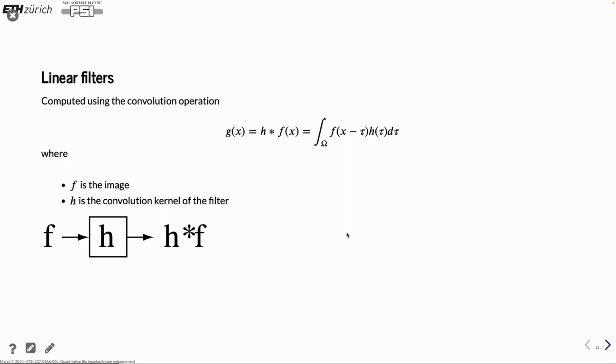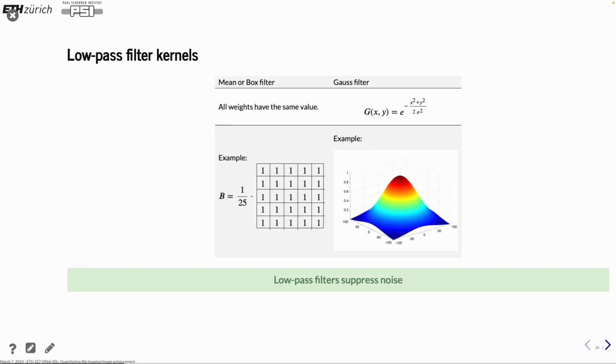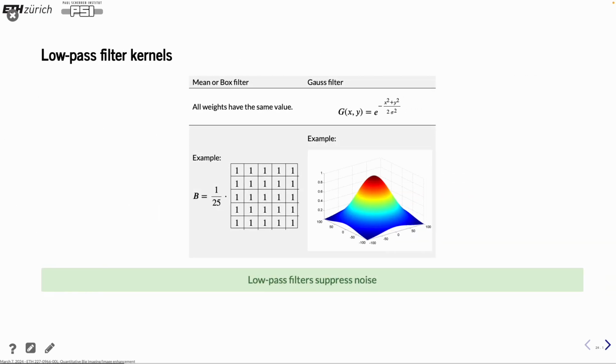And in reality, we have discrete images, so this integral turns into a sum. Before I come to that, I'll show you some typical kernels.